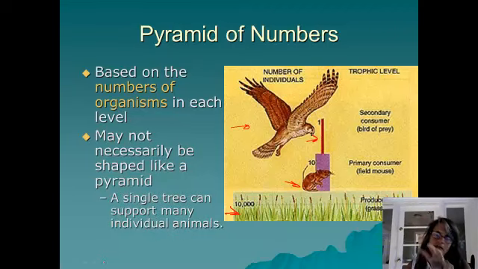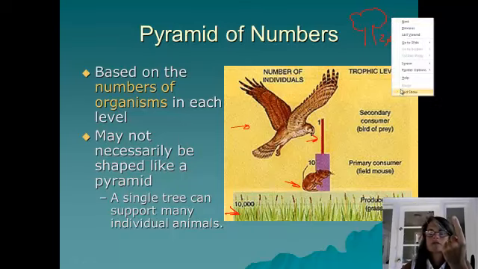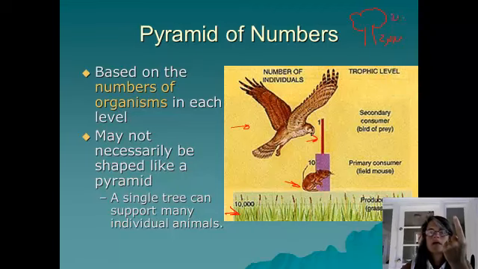So based on actual numbers in each level, and sometimes it's not shaped like a pyramid, just so you know. Like, for example, if you have a tree, okay, one tree is only one producer, but it might be able to support 2,000 insects and 20 birds.